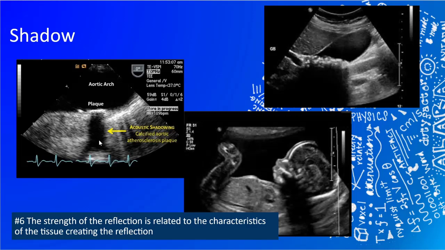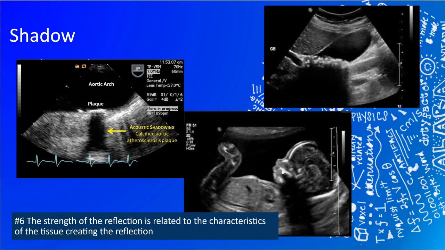In this example on the top here, we have a bunch of gallstones. Again, the gallstones are reflecting all of that sound back. Behind it then we are just seeing this void of anatomy. There should actually be more kidney displayed back here. There should be more liver displayed back here, more soft tissue. Again, this is artifact because we are not seeing the true anatomy. Same in this fetal face.